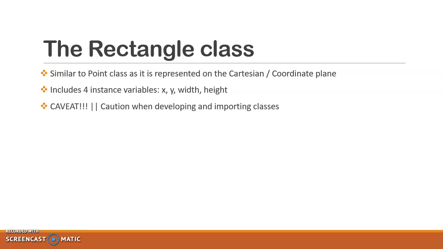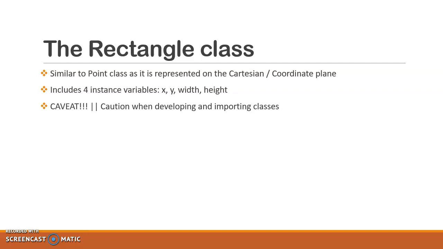The information presented in the text regarding the rectangle class is fairly straightforward. However, I want to address an issue I've seen in the past. In one of our programming activities, you're asked to create rectangle objects using the built-in Java class Rectangle. I've seen many students create a program called Rectangle and then attempt to import the Rectangle class.